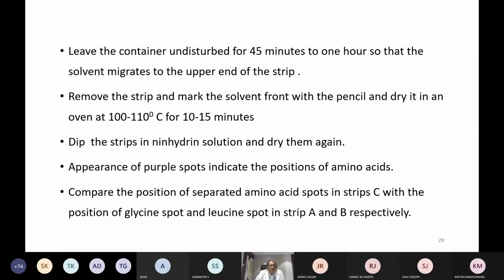Hence, we have to treat it with ninhydrin solution. Some laboratories spray this ninhydrin solution over the filter paper and dry it. So what happens? The reaction takes place.